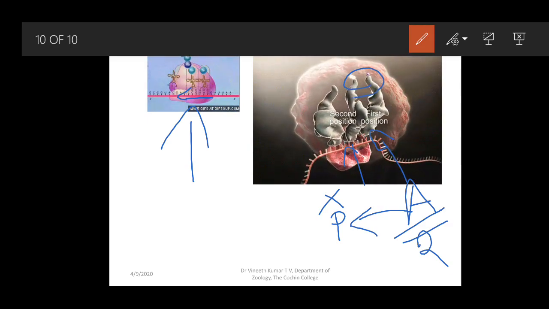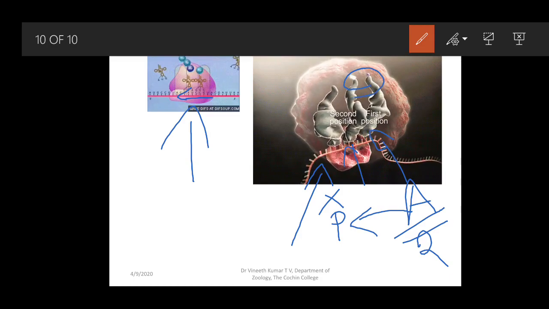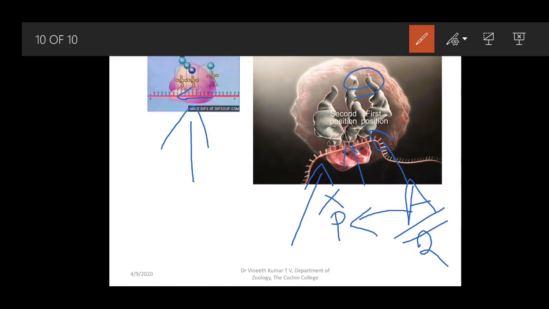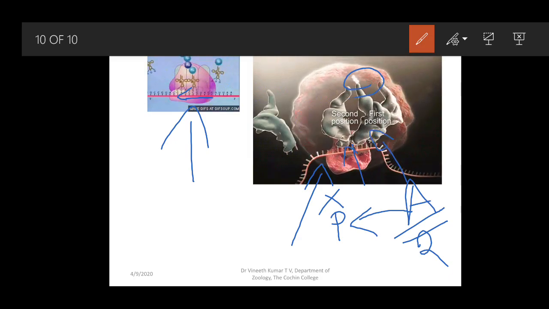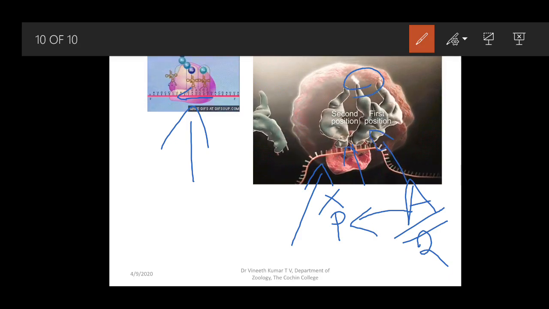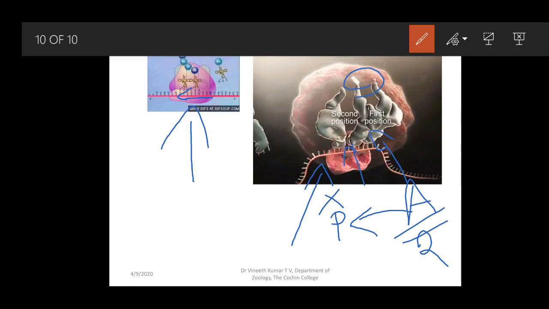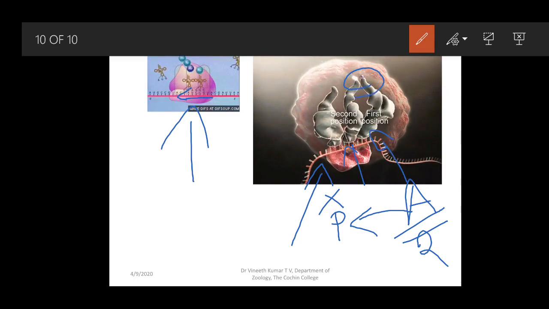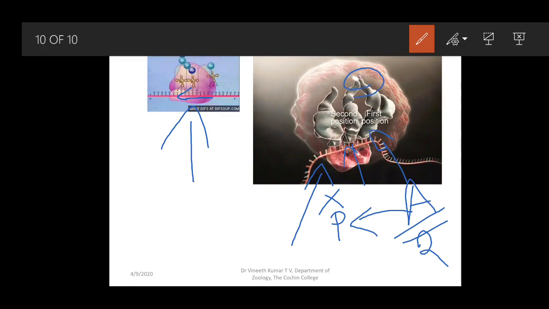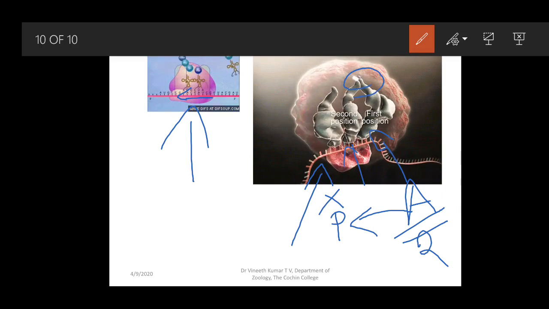As you can see in this particular diagram, there is a small kink or a small fold. That means there is a cavity, that means the mRNA is now looping outside. As a result, whenever the tRNA without an amino acid reaches the E site, it will lose its complementarity, because the codon-anticodon pairing is the one which is holding the mRNA and the tRNA.